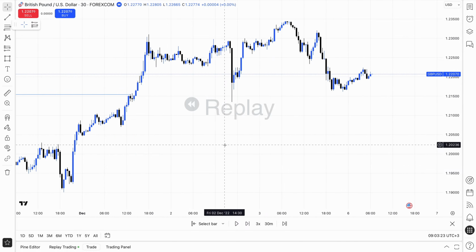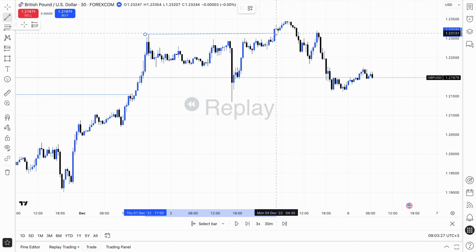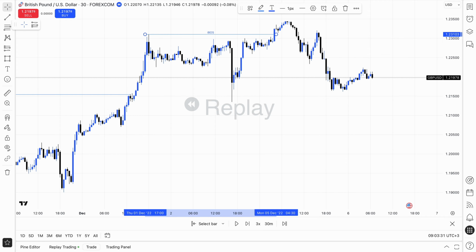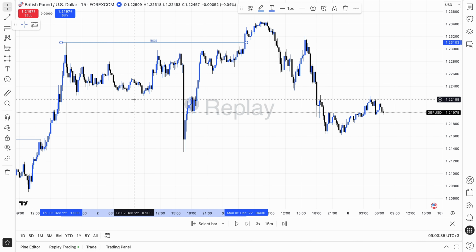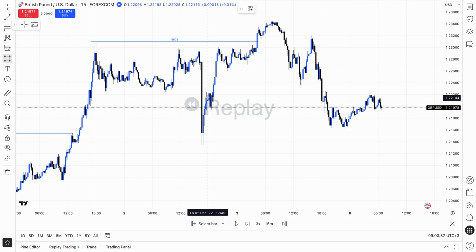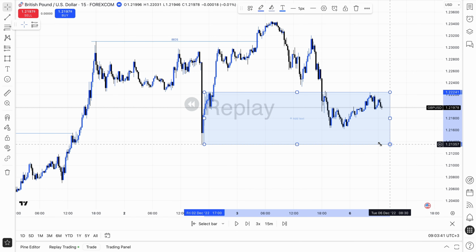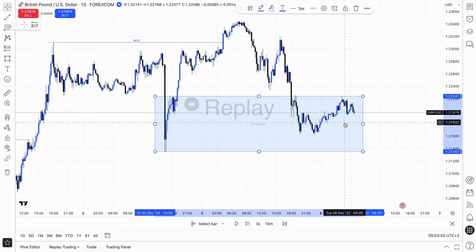Then Tuesday came, had our breakout structure to the upside. Had order block just here. Although I don't think it's strong enough to hold this, we're gonna see what should happen.